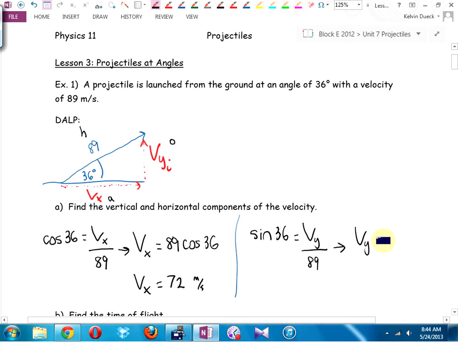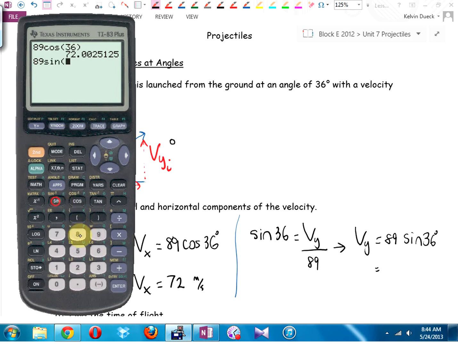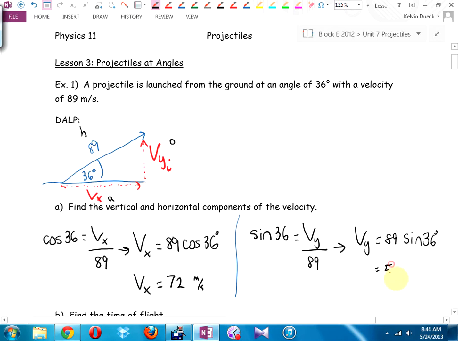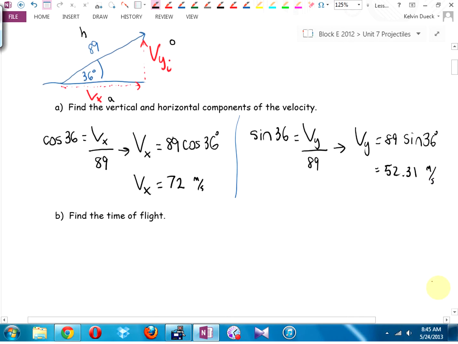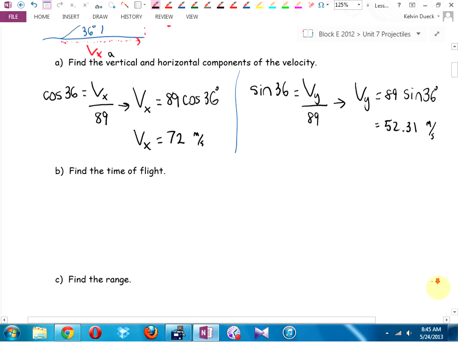I think Vy is going to be 89 sine 36, which is going to be 52.31. Now, technically I should say 52 because that's to 2 sig figs, but I know we're going to use this, so I'll carry a few extra sig figs. I'll go 52.31 meters per second. Got me so far? Okay.